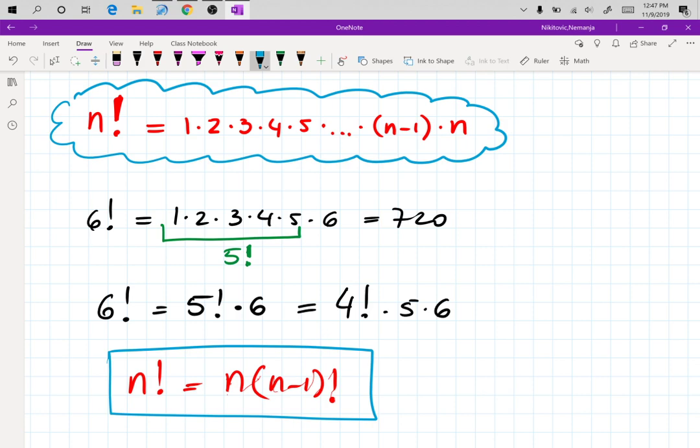Now, I think that your calculator runs out of memory at either 69 or 70 or 71 factorial. And factorials are under the math symbol.